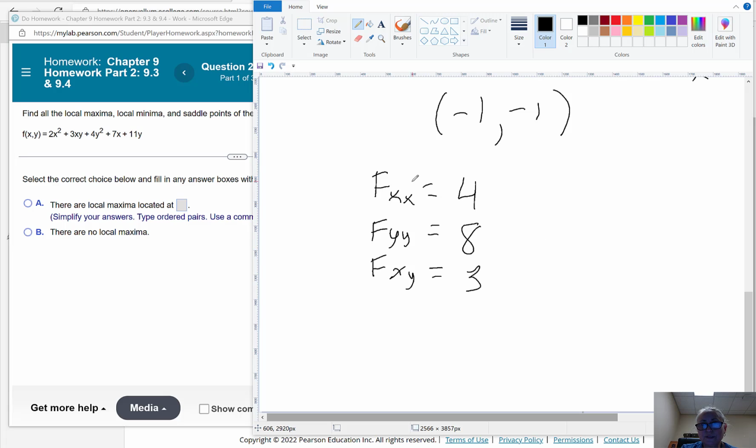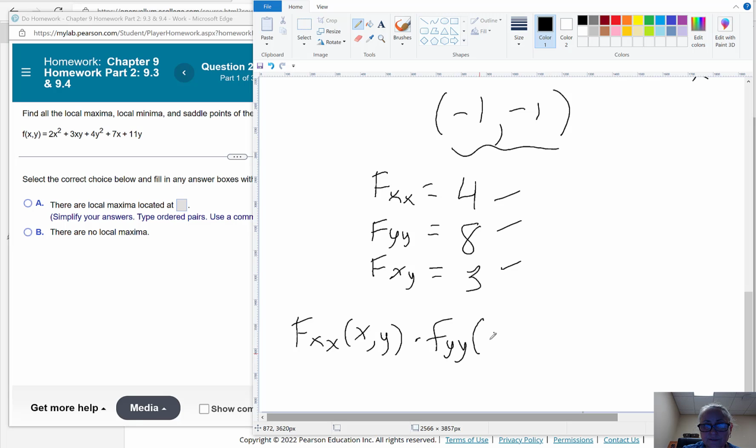So remember, the formula is f_xx times f_yy at (x, y). That's this ordered pair. And of course, we don't have to substitute the ordered pair because these are constants here. They don't always come out like that. If they do, you have to put that point in. f_yy of (x, y) minus f_xy of (x, y).